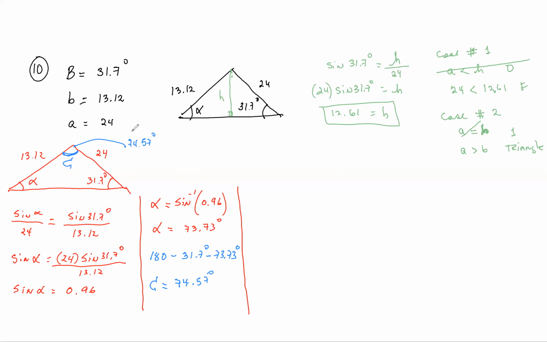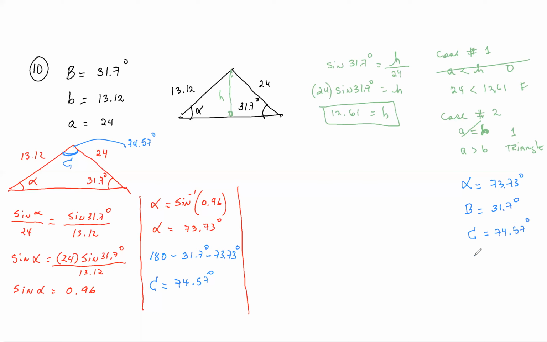We got the three angles because we know already alpha is equal to 73.73, capital B is 31.7, and we know the C, that is 74.57.